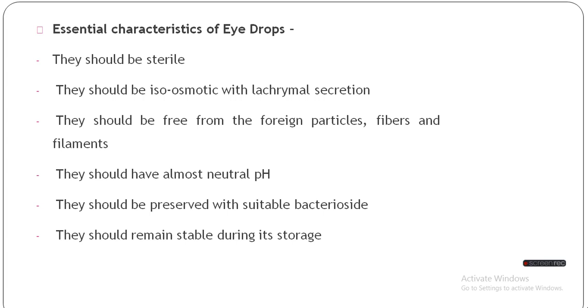Number two, it should be isoosmotic with lacrimal secretion. Third, it should be free from foreign particles. Fourth, it should have almost neutral pH, because 7.5 is the tear pH, so it should be near about neutral, because pH 7 is neutral, as you know. They should contain suitable bactericides and remain stable during storage.